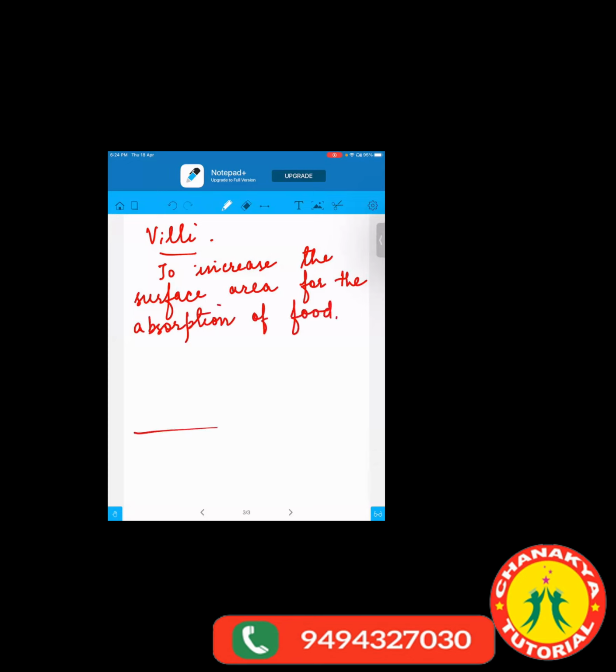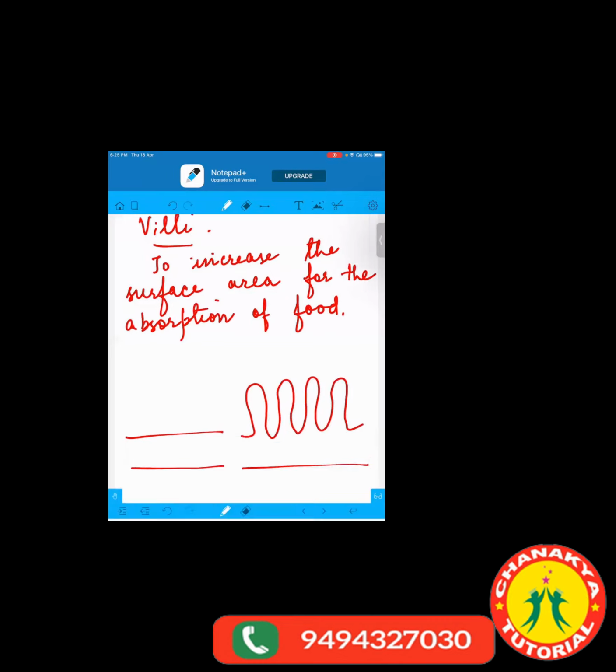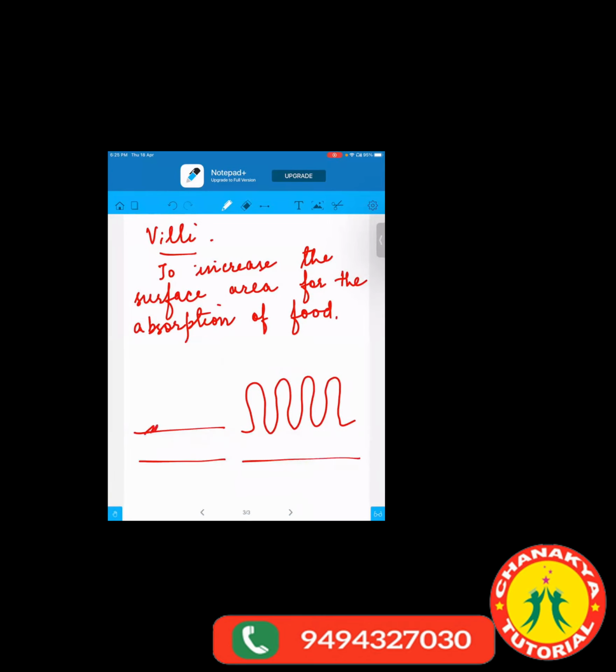So two things are there: either we have a straight surface, or we have a surface like this. With the first surface, the absorption will not be much. Only directly on the surface can they absorb the food.